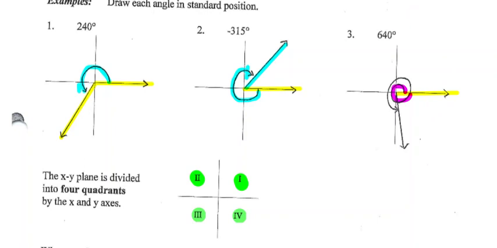So you actually have to know how much more. So you're going to take 640 and subtract 360 because you know that's one rotation. And you're going to find out that it's 280. So you have to go 280 more degrees after that one rotation to get to where we need.